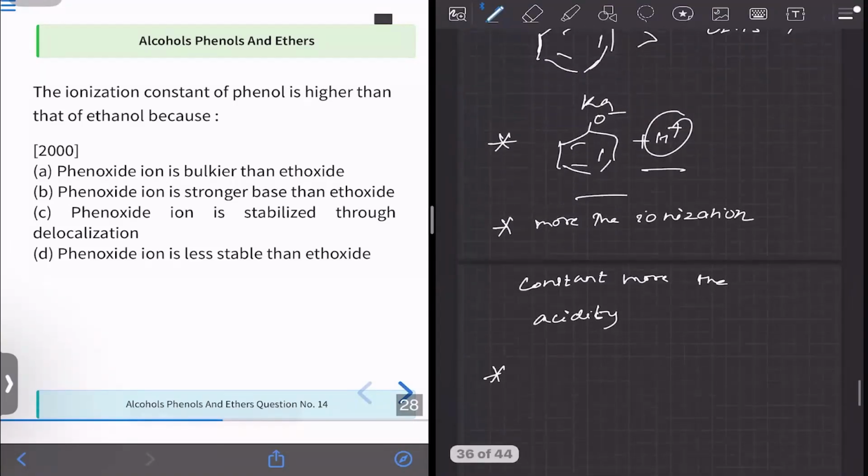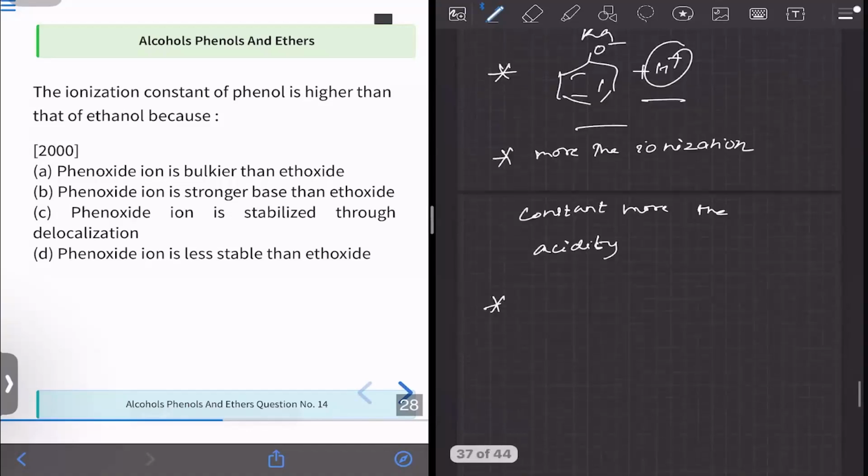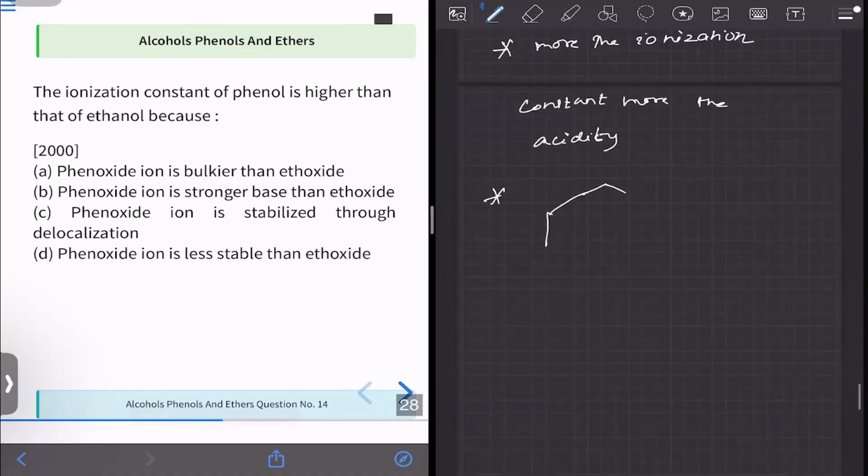Why does it have more ionization constant? For example, after removing hydrogen, it has one electron, O minus on oxygen. Whenever it is transferred here, the double bond is shifted this side.